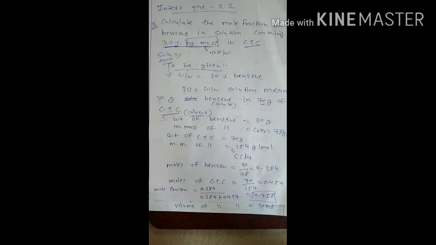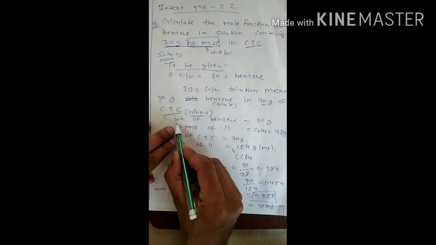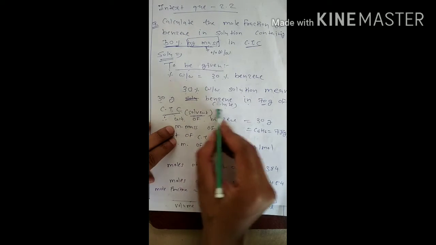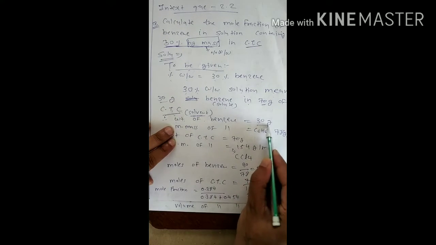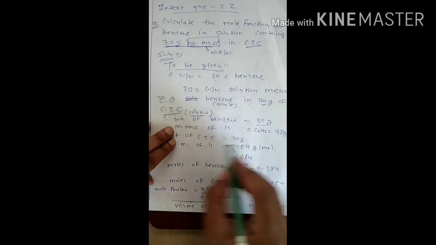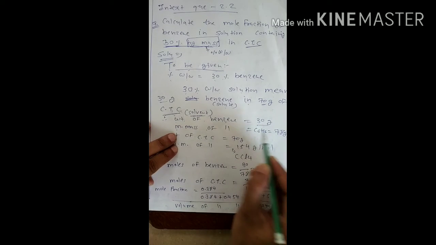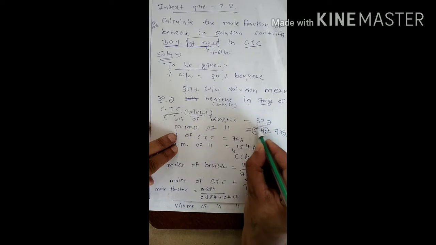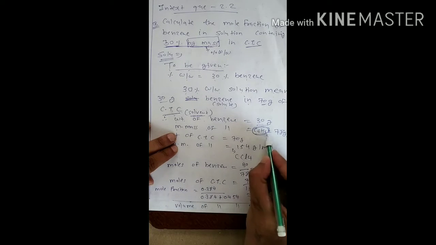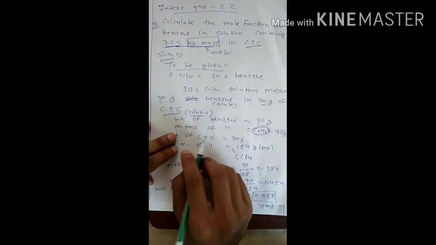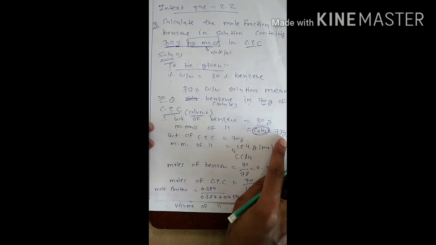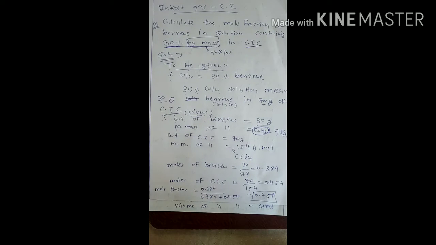Okay, so what we get? Weight of benzene, that is now 30 grams. Here I have written 30 grams. Molecular mass of benzene. What is the benzene formula? C6H6. So its molecular mass will be 78 gram per mole. How did 78 gram per mole come?